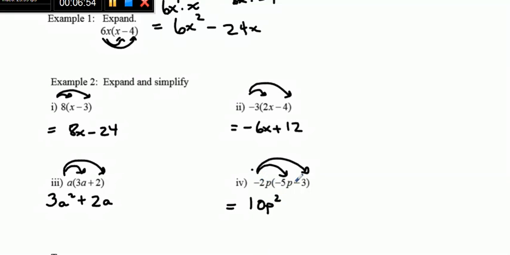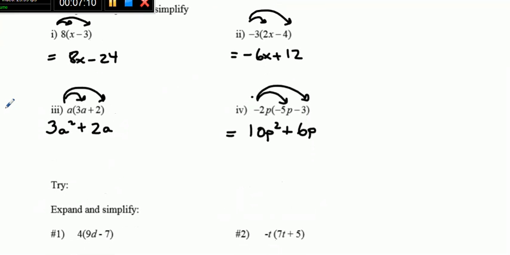And then minus 2p times minus 3 is minus 2 times minus 3, that's positive 6. And we've got a p here with nothing over here, no variables, so we just have p. We cannot combine those any further because this is a p and this is a different, unlike term, p squared.